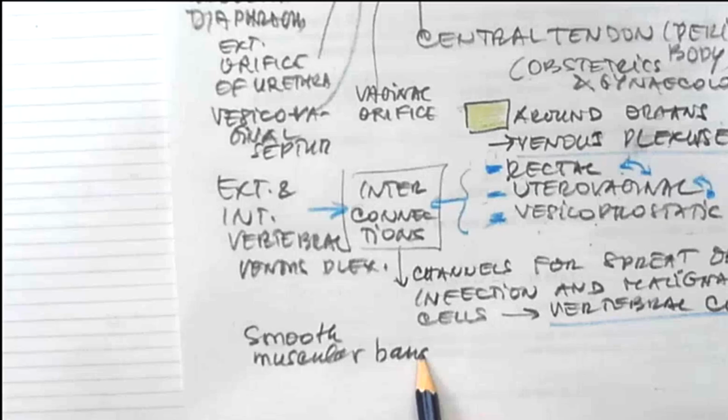One, maybe this color would be sufficient. We are drawing the band which runs around the urethra and bladder. This runs around that. And the first one is called pubovesical muscle.